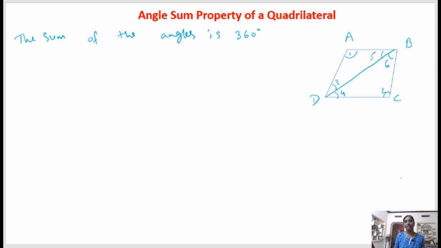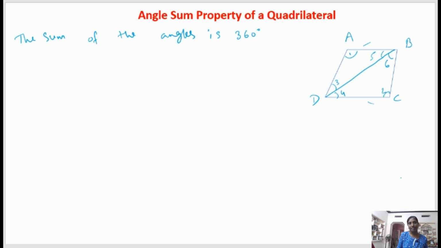Okay. And see, this diagonal divides this quadrilateral into 2 parts. Upper side, this is a triangle, and this is also a triangle. Okay. So we know the angle sum property of a triangle. I hope all of you know the sum of all the angles of a triangle is 180 degree.